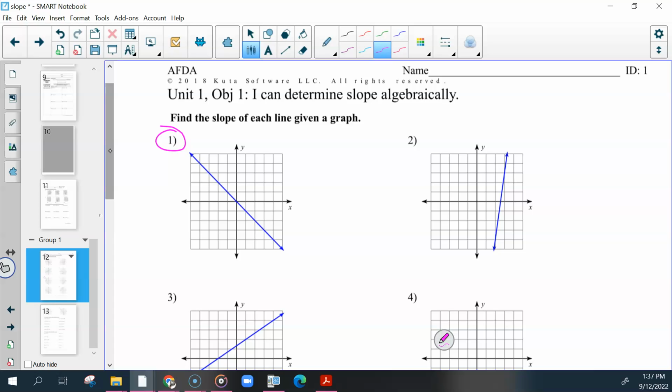you have to find points on this blue line, or my blue line, yours isn't blue, that cross the background grid lines exactly. What's nice about number 1 is that there are a bunch. So any of these points you could use. And then pick any 2 points you want, start there, count your slope. So let's say I chose these 2 points just because I'd be going down 1 and to the right 1. What would my slope be?